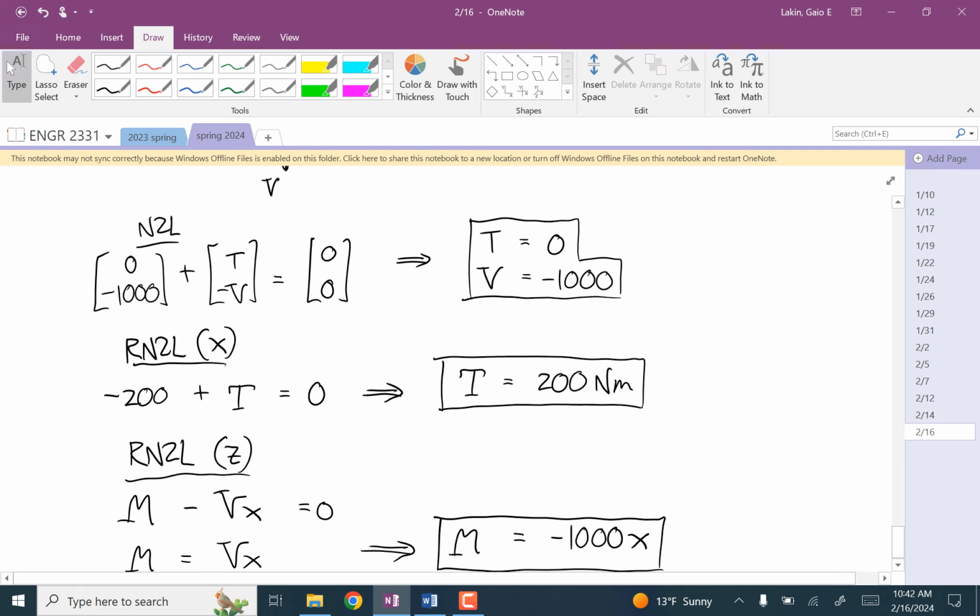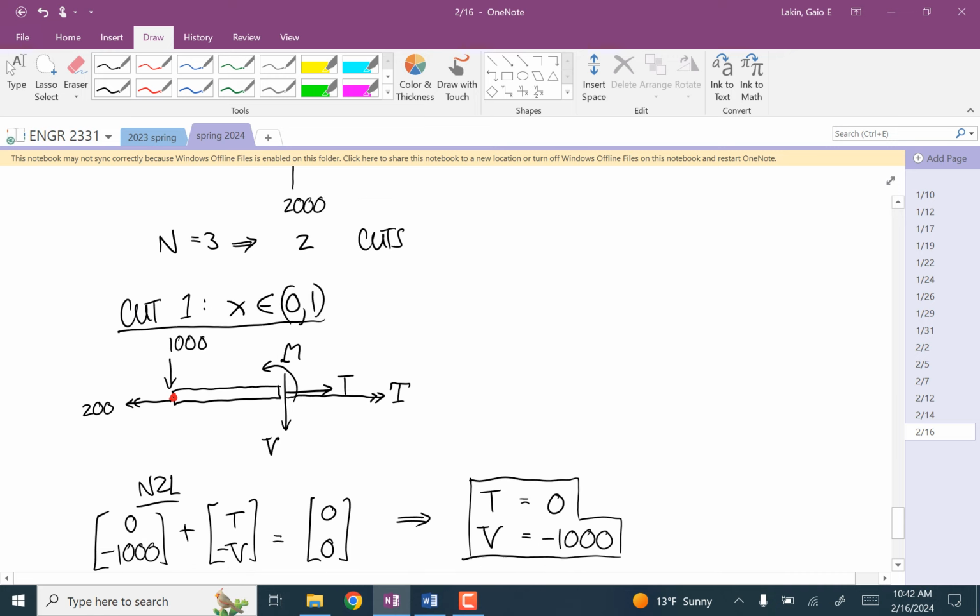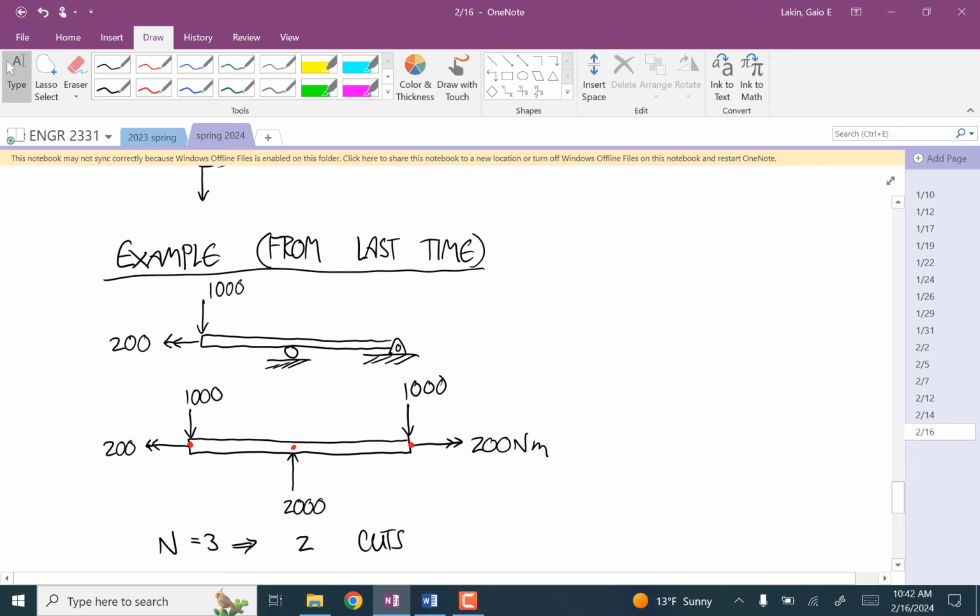Since all of this stuff is small deformations, for the internal loads, that doesn't matter actually. Well, you would draw it on a free body diagram as like a y component of a couple.